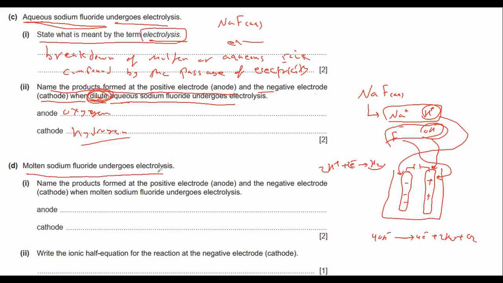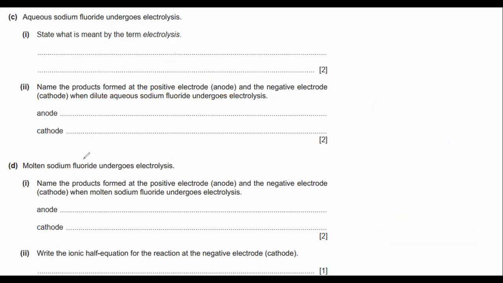Molten sodium fluoride. Now, guys, we turn to molten. Molten means we have only Na plus and F minus. There is no H plus and OH minus anymore. Name the products formed at the positive electrode and the negative electrode. So let's see what will happen.